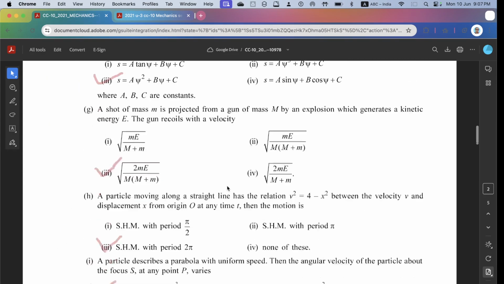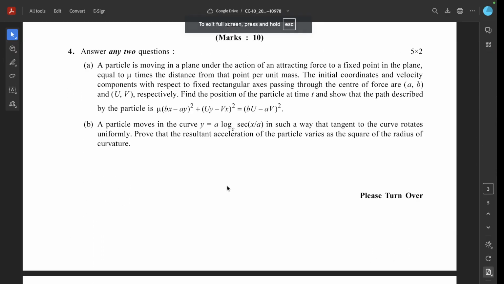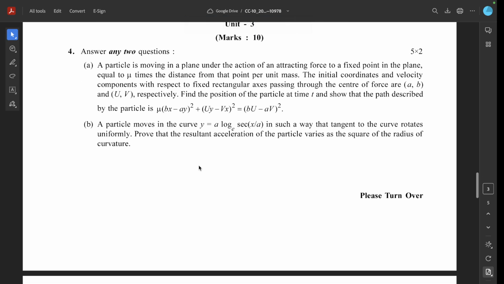Question paper 2021, Unit-3. Question 4a. A particle is moving in a plane under the action of an attracting force to a fixed point in the plane equal to mu times the distance from that point per unit mass.